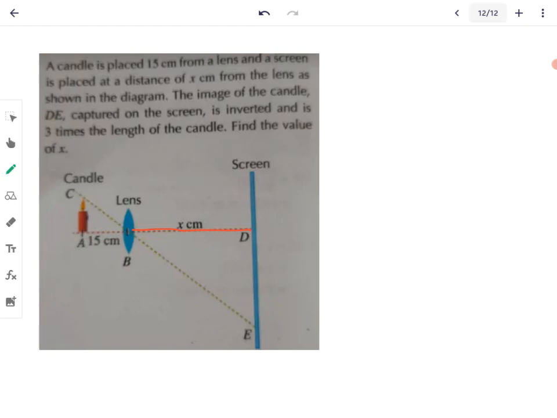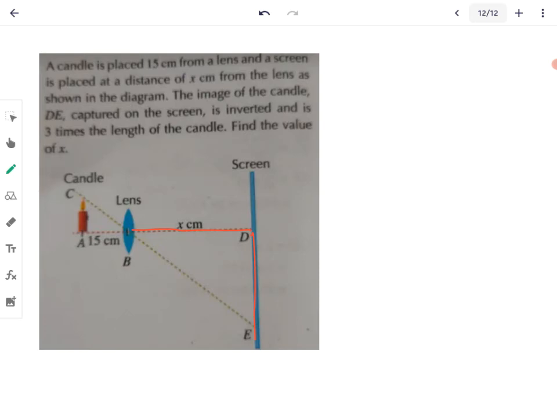The image of the candle, DE, captured on the screen is inverted and is 3 times the length of the candle. Find the value of x.